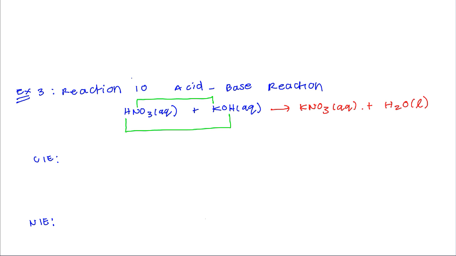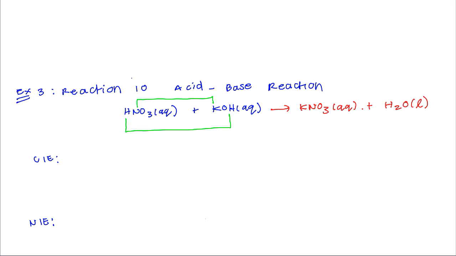The next thing we need to figure out is, are we balanced? Do we have the same number of each type of atom, or each type of element on each side? We have 1 potassium on each side. We have 1 nitrogen. We have 4 oxygens on each side. And we have 2 hydrogens, so our equation is already balanced.